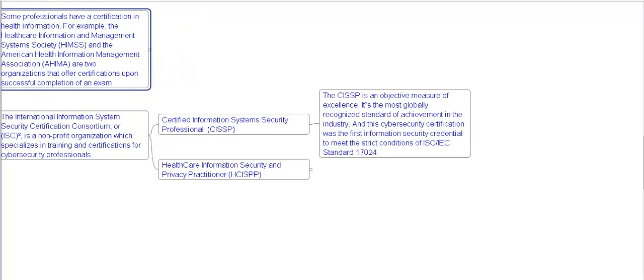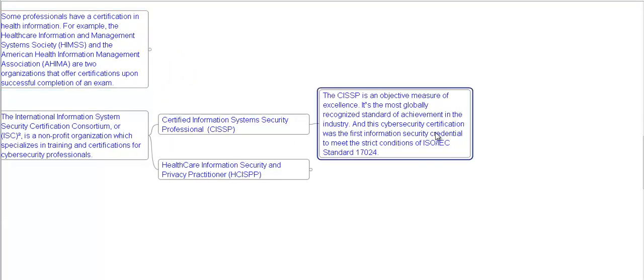The CISSP is an objective measure of excellence. It is the most globally recognized standard of achievement in the industry, and this cybersecurity certification was the first information security credential to meet the strict conditions of ISO/IEC standard 17024.